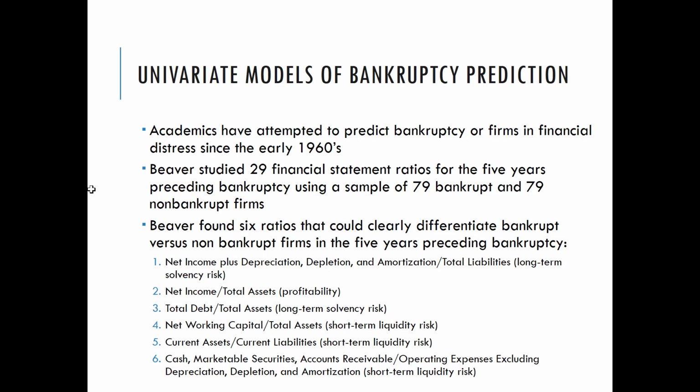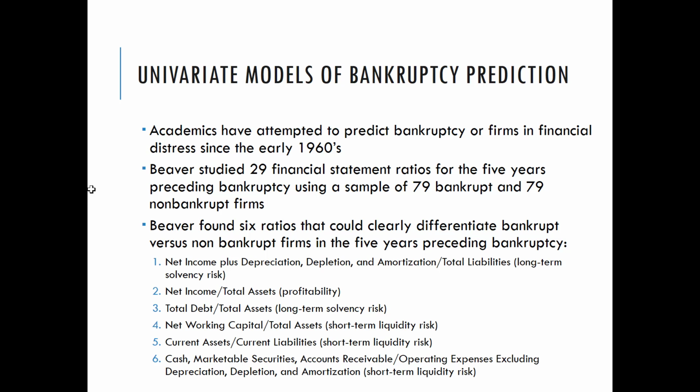The earliest models were back in the 60s, and back then, people just started to look at individual ratios, as we looked at in the slides previously, comparing bankrupt firms and non-bankrupt firms, looking at the ratios and seeing where they differ significantly.